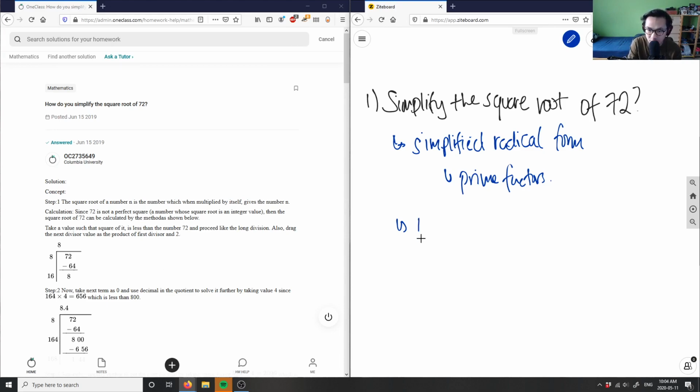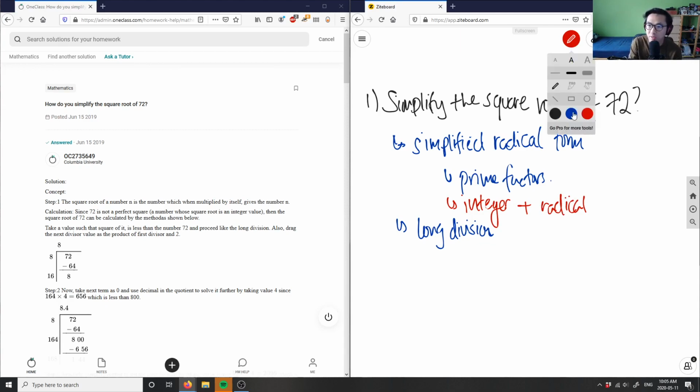So you can approach this using long division. And this would give you, instead of a whole number plus a radical, an approximate decimal value.